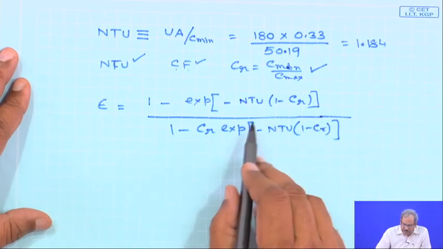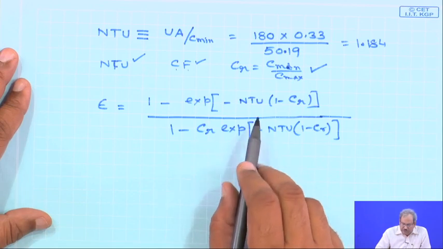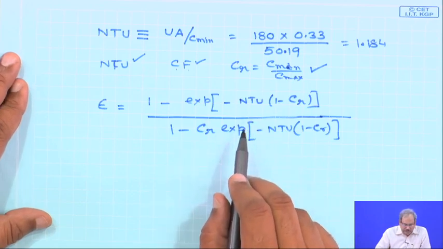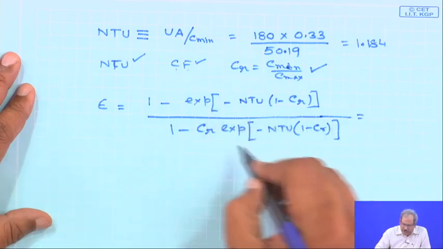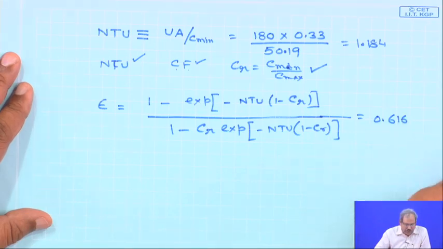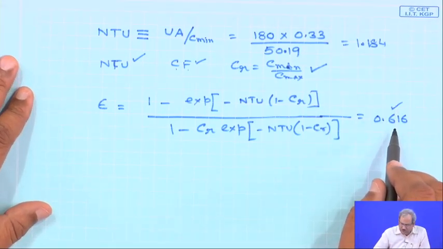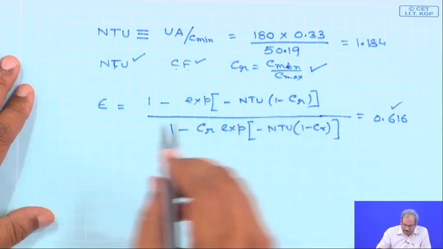Please look at these relations in your text and be sure to use the right relation for the system at hand. So, when you put these values in here, I am not doing all the calculations, you would see that this epsilon would turn out to be 0.616. So, that is the value of epsilon, which you should get after you put in the values in there.